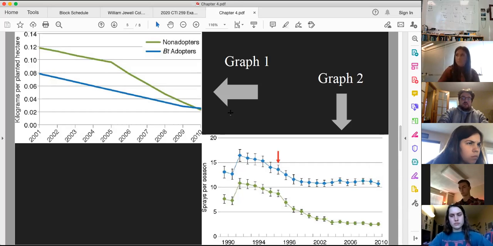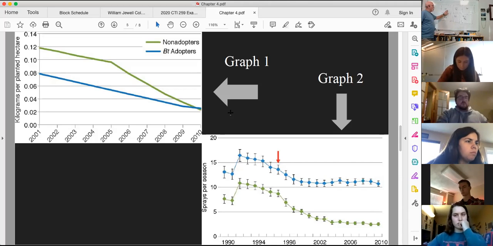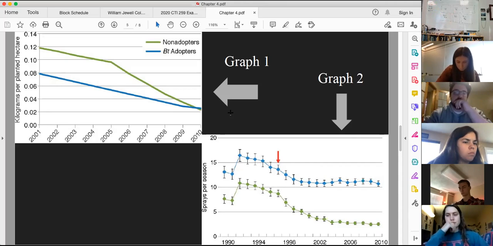area. But if that's the case, then insects that are hanging out over here wouldn't want to be here. They would want to be here, and so a non-BT farmer would actually be increasing pesticide use under that scenario, but they actually decrease pesticide use. So what does BT do to insects, Mackenzie, since this was your section?